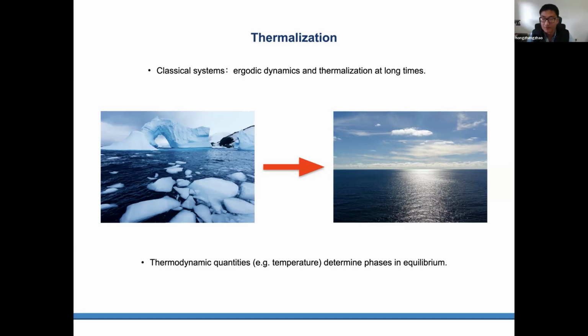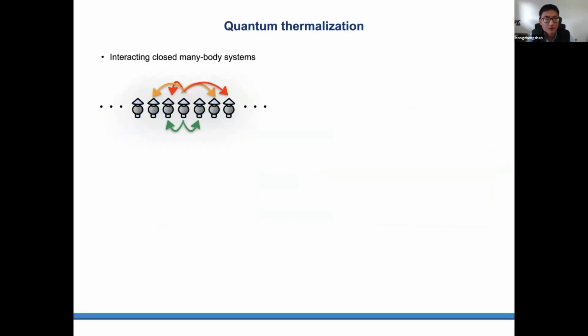So it is relatively straightforward. If we look at quantum systems, such relaxation or equilibration phenomena can also occur. Imagine we have a closed many-body system without a bath, whose constituents interact with each other following some generic interactions.